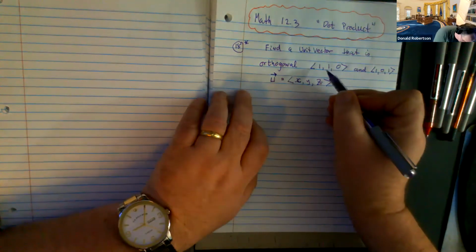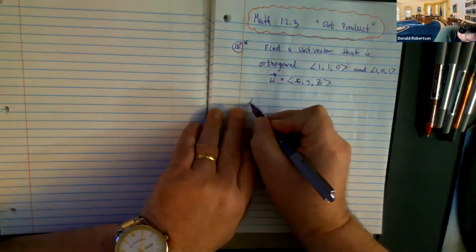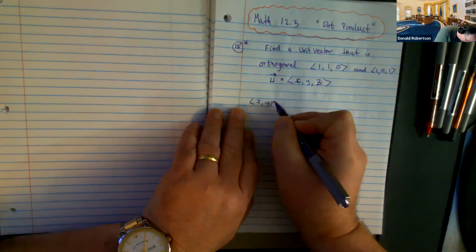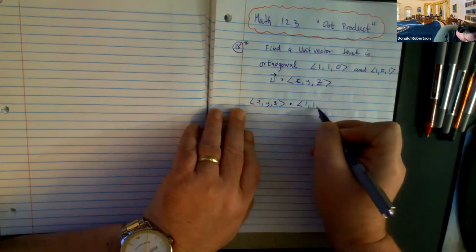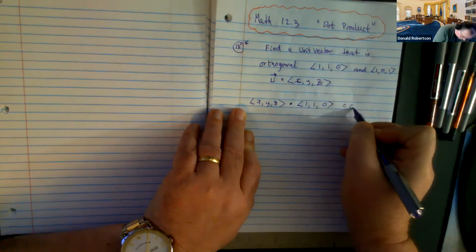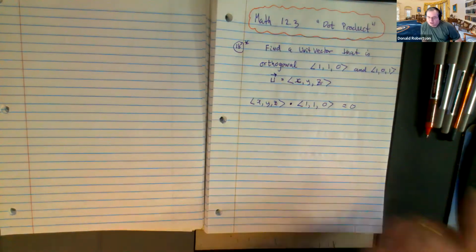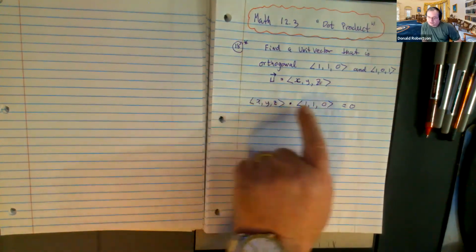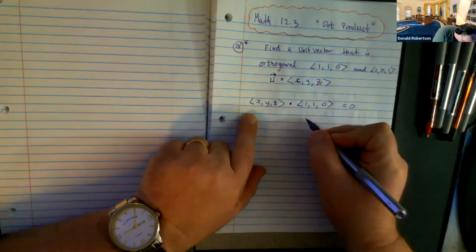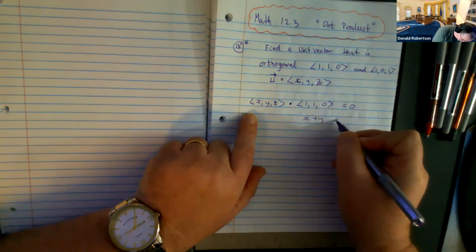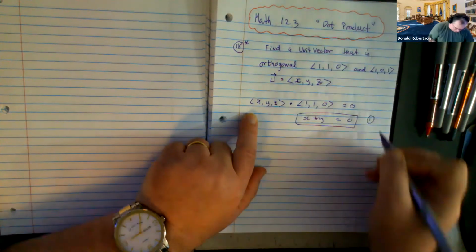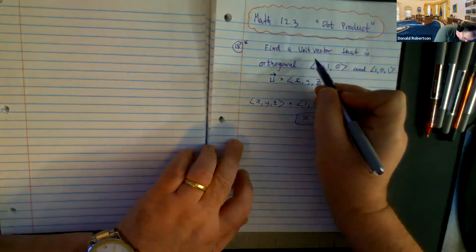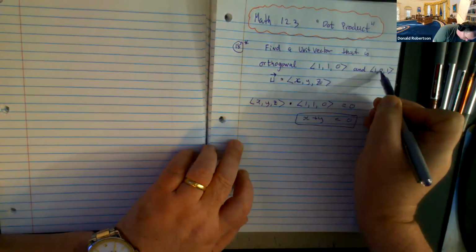So you're orthogonal to this one. My vector X, Y, Z dot product with this first vector should be 0. I'm orthogonal, so my dot product is 0. And this one ends up being X plus Y equals 0. I'm going to call that equation 1. I also know that my vector is orthogonal to this one as well.